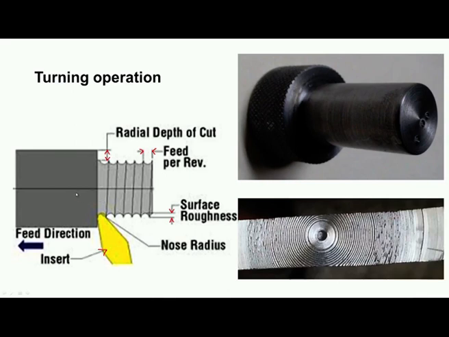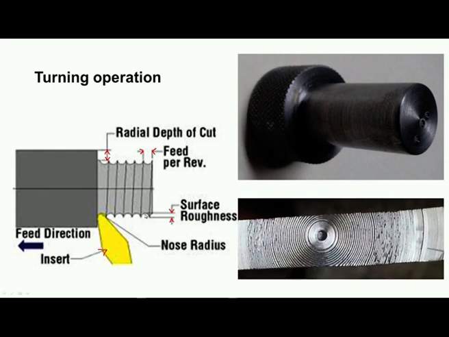Now if we take a very simple, well-known machining operation, that is the turning operation. You can see this is the workpiece, and then we have the cutting tool with a round nose. This is the nose radius, and the cutting tool is fed in this particular direction. This is the feeding direction, and because of this radius, the tool mark appears on the machined surface like this.